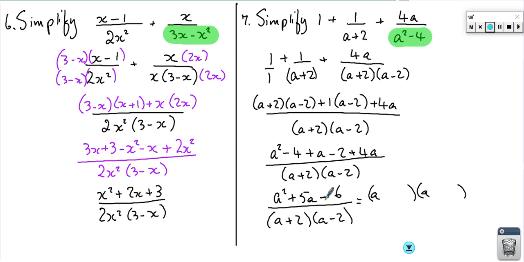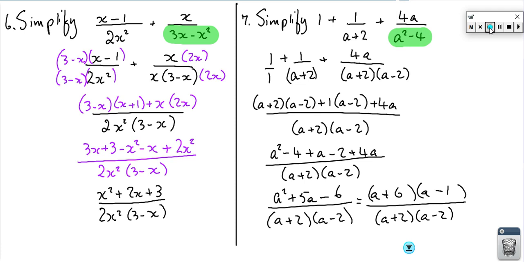It subtracts, so 6 minus 1 is 5, plus 6 minus 1 all over a plus 2, a minus 2. That's the end of the problem. It could have been that one of these factors was a common factor, and in that case, I would have cancelled out. Now, that's how to simplify algebraic fractions.